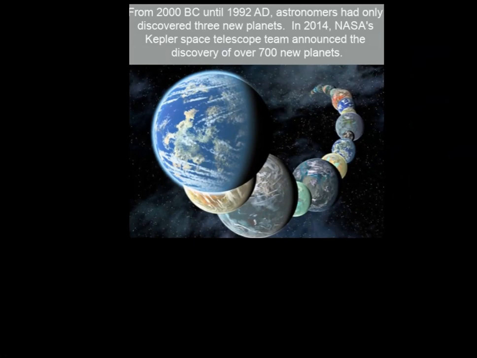From 2000 BC until 1992 AD, astronomers had only discovered 3 new planets. In 2014, NASA's Kepler Space Telescope team announced the discovery of over 700 new planets. Just a tremendous acceleration of discovery of planets.